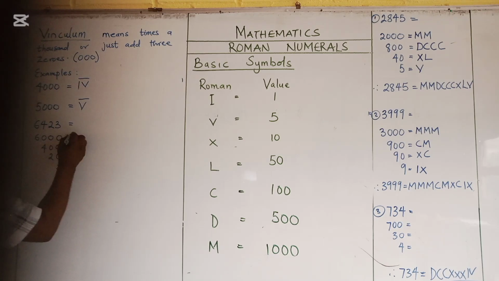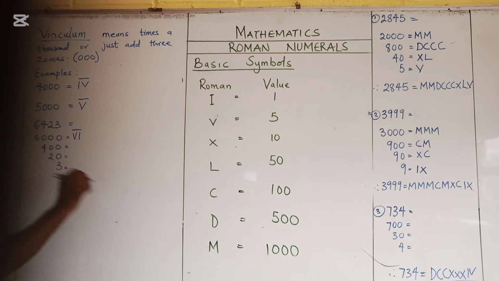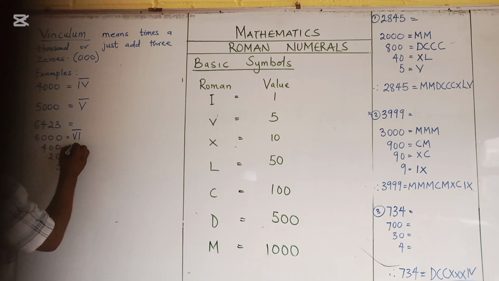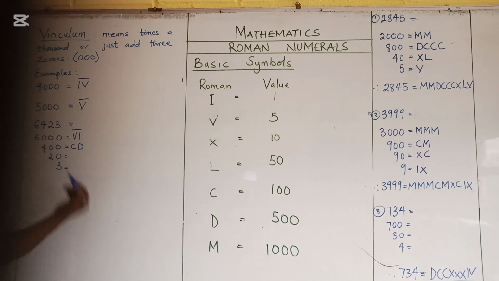Now 6,000 is VI. Then I put my vinculum on it. Then this one is 400. I have my 400. Yes, my 400 should be what? CD. That means 500 minus 100. CD. And my 20 is just 2 X's, because 1 X is 10, then 2 X should be 20, and this is 3 I, just like a finger.